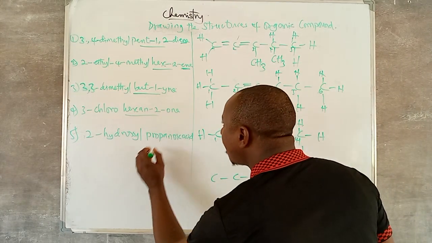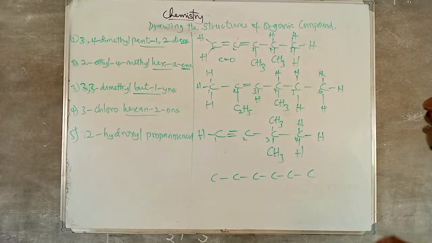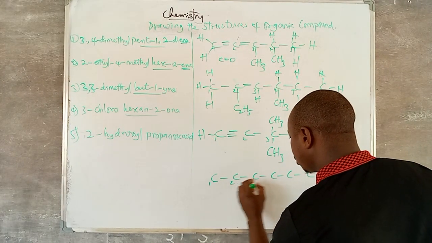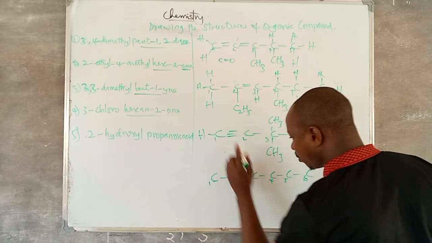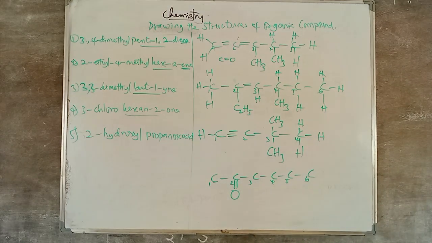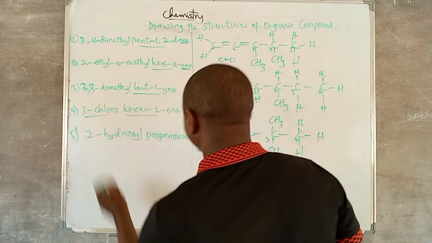One. If you can remember, it is C=O, which means it is on carbon number 2. Let me number the carbons first: 1, 2, 3, 4, 5, and 6. So carbon number 2 carries that functional group, 2-one. Now, carbon number 3 has a chlorine group, 3-chloro.